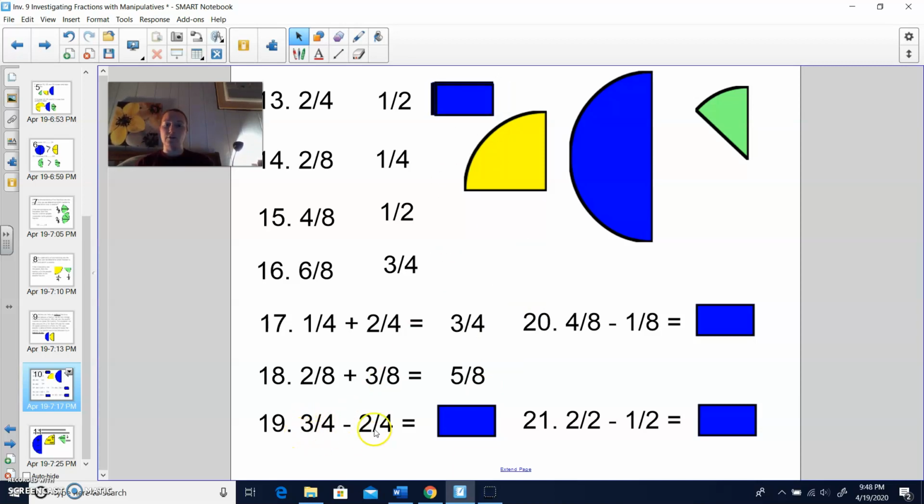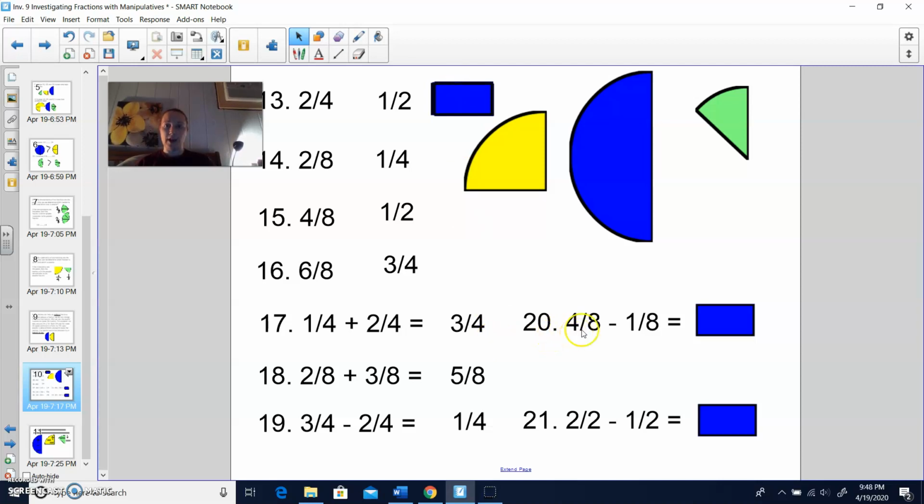If you have 3/4 and take away 2/4, how much are you left with? Subtracting 3/4 minus 2/4, what are you left with? Use your fraction manipulatives. Okay, 1/4.